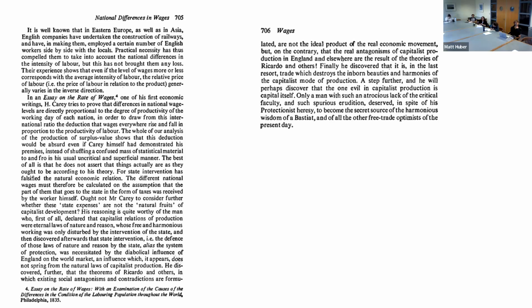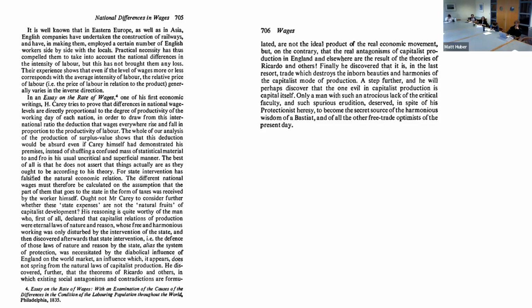In order to draw from this international ratio the deduction that wages everywhere rise and fall in proportion to the productivity of labor. The whole of our analysis of the proportion of surplus value shows that this deduction would be absurd, even if Carey himself had demonstrated his premises instead of shuffling a confused mass of statistical material to and fro in his usual uncritical and superficial manner.